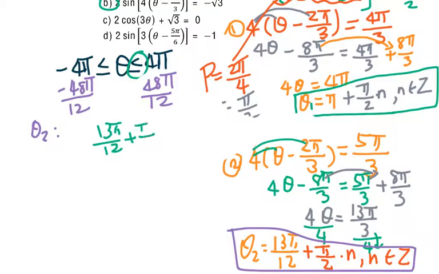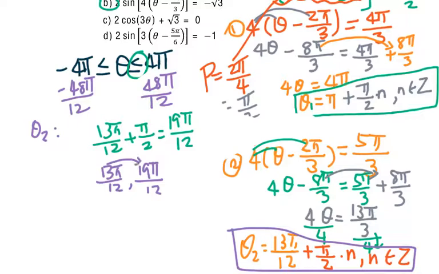I add pi over 2, so I get 19 pi over 12. And I will do the list like this: 13 pi over 12, next one is 19 pi over 12. So I keep adding, basically it's adding 6 to the numerator. Then you get 12 pi over 12 and 1 pi over 12.